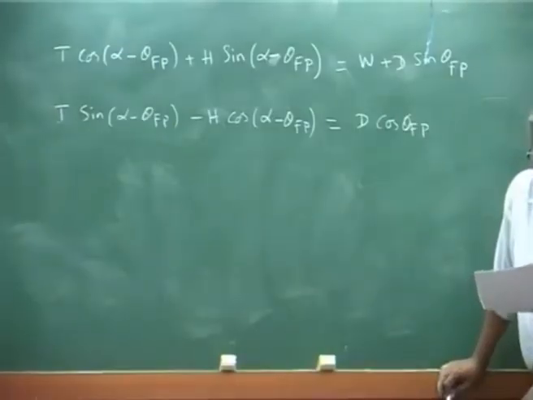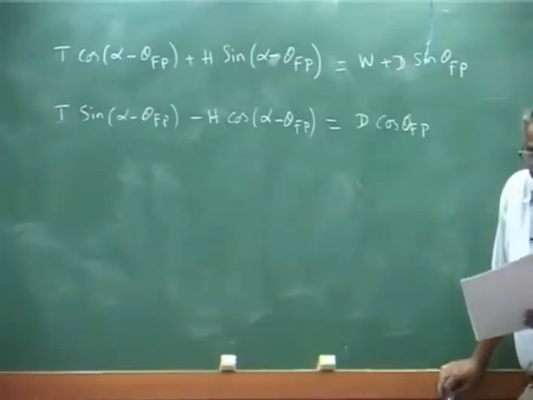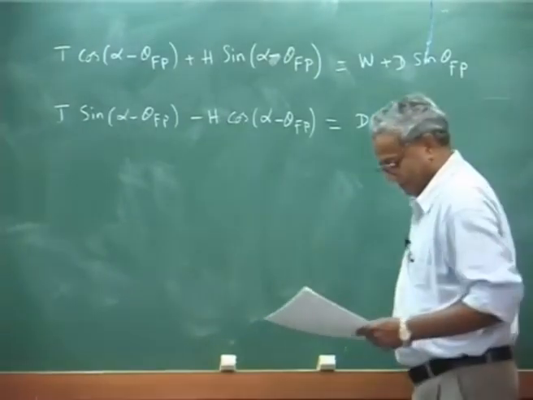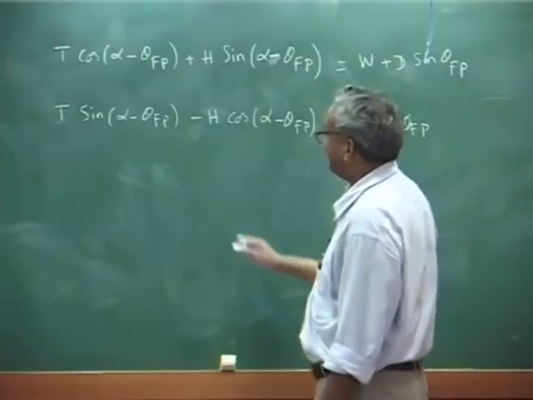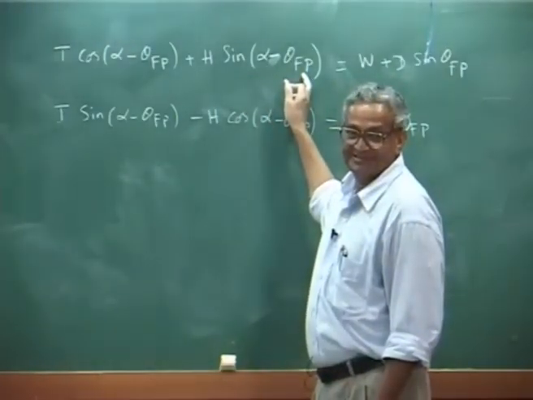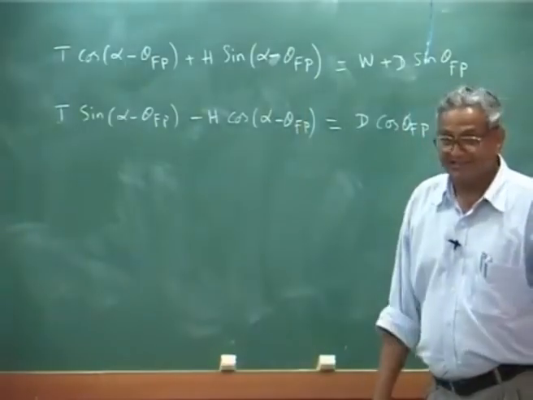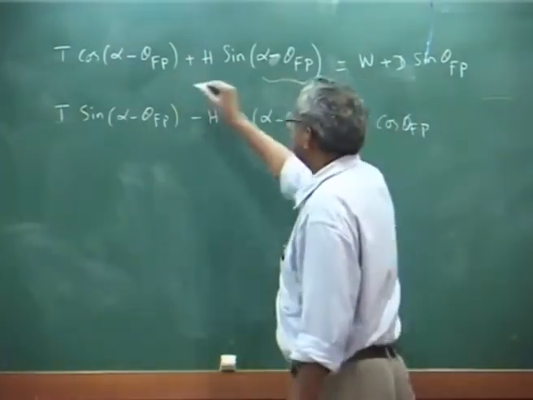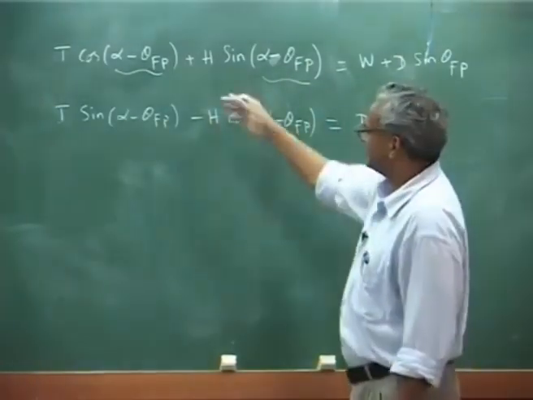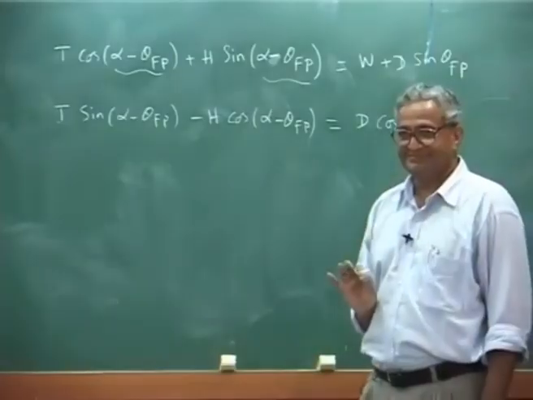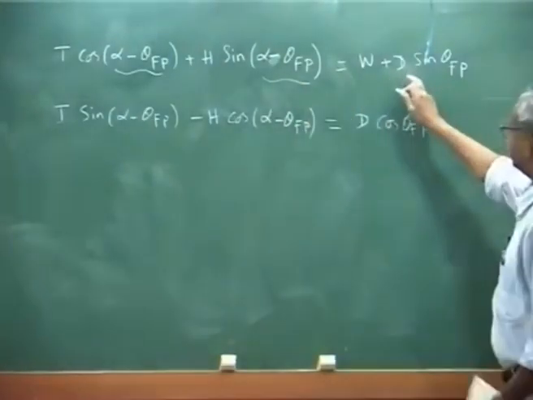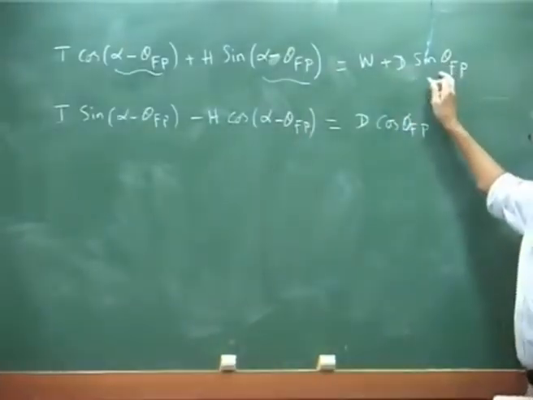Now, I am going to make a lot of assumptions. Okay. The assumption is these angles are small. Okay. And the thrust force is large, H is small. Okay. When I make that, from this equation, drag is also small, this is also small.